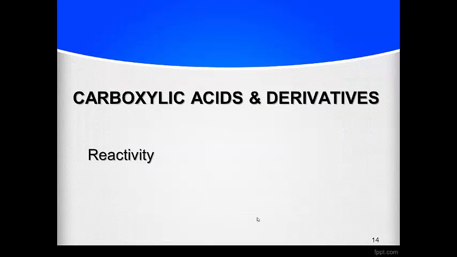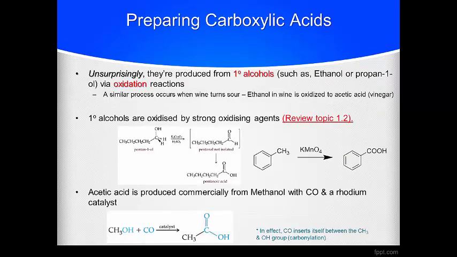Okay, so we're going to talk about the reactivity of carboxylic acids and their derivatives. So first of all, how do we prepare carboxylic acids? Carboxylic acids, like we've talked about before, can be prepared from primary alcohols. Examples include ethanol and propan-1-ol. And we can do these using oxidation reactions, using really strong oxidizing agents and pushing it all the way from your alcohol to your carboxylic acid.